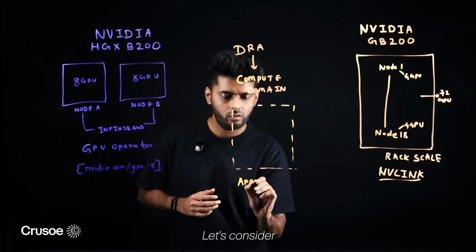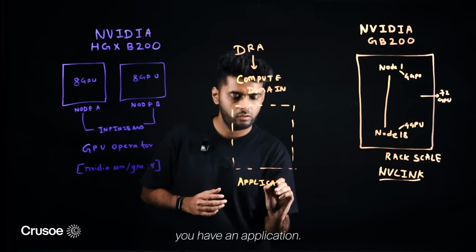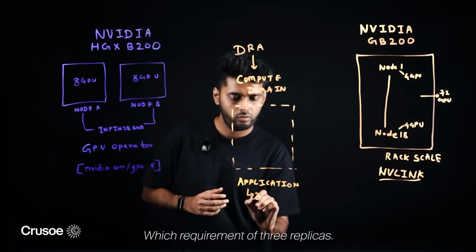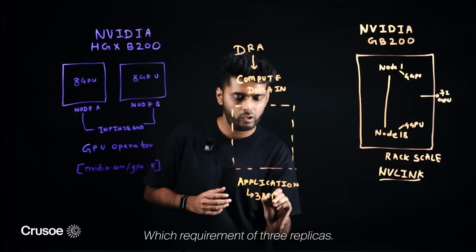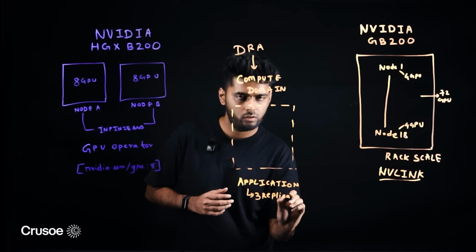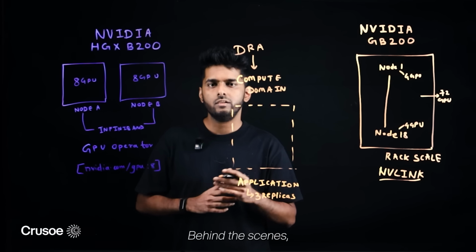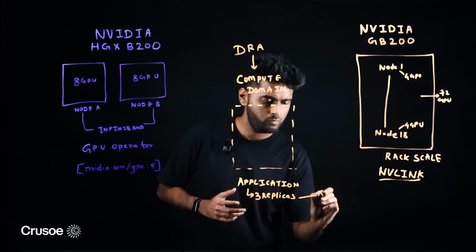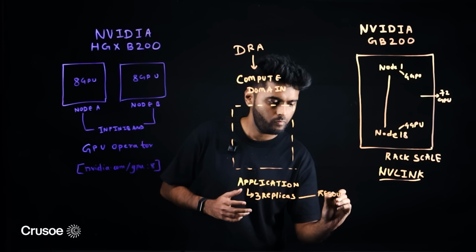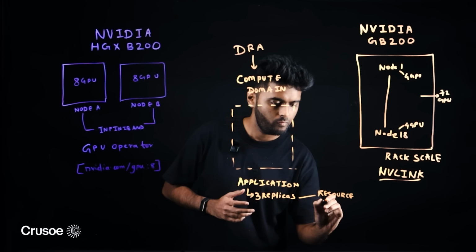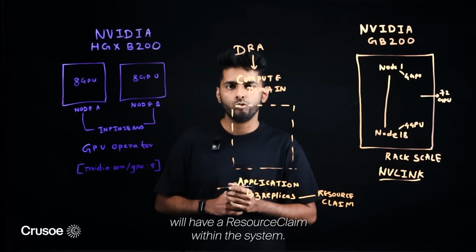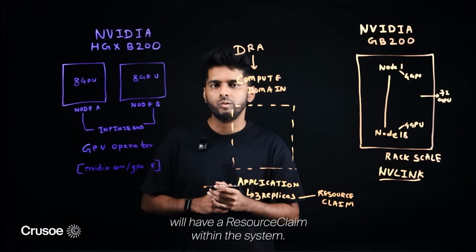Let's consider you have an application with a requirement for 3 replicas. Behind the scenes, your application creates a resource claim. Each replica will have a resource claim within the system.